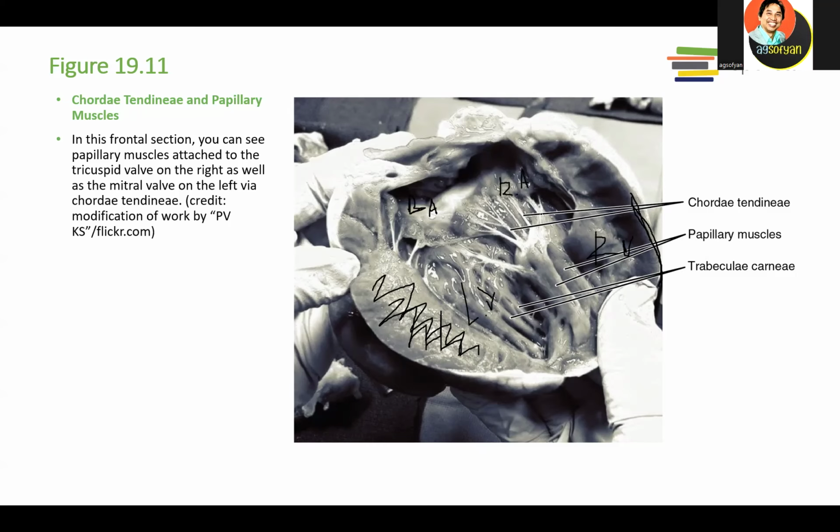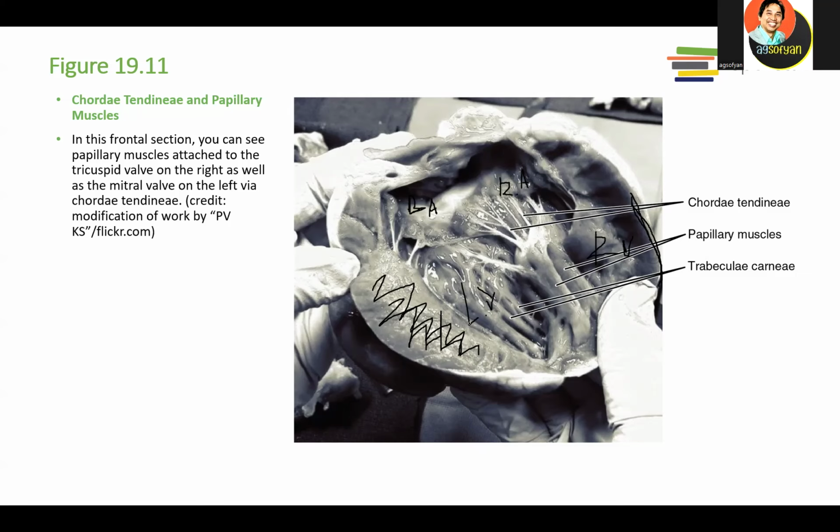If you see over here, this is actually the valve that connects the atrium with the ventricle. So there are actually four valves, or four doors or windows, that connect the atrium with ventricle and then ventricle with the blood vessel.